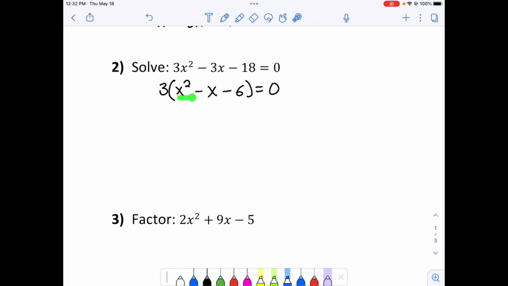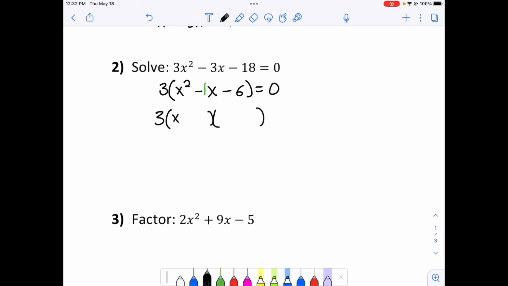And now I need to factor this trinomial into two binomials. And since the coefficient here is a 1, I again am looking for two numbers that add to the negative 1 that we see here and multiply to the negative 6. So I can break that down, and I again will fill in.